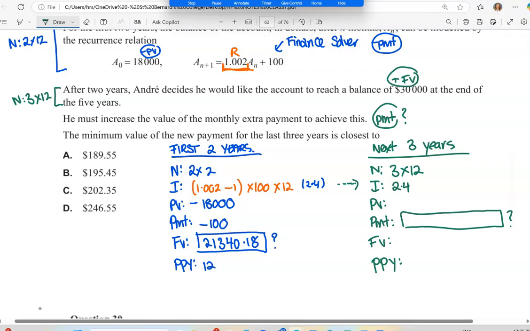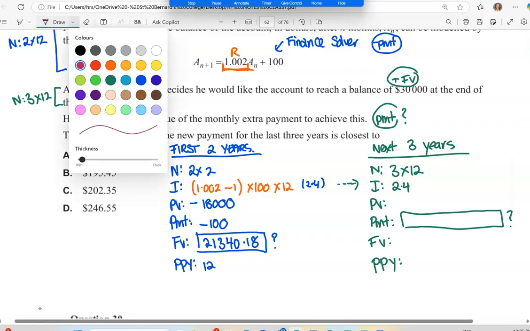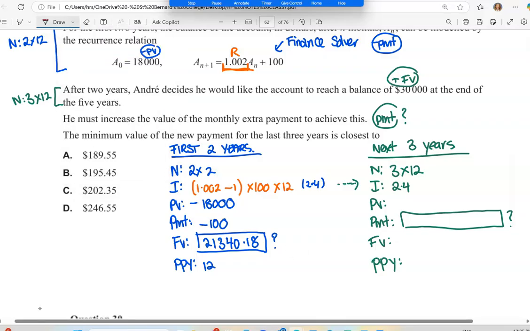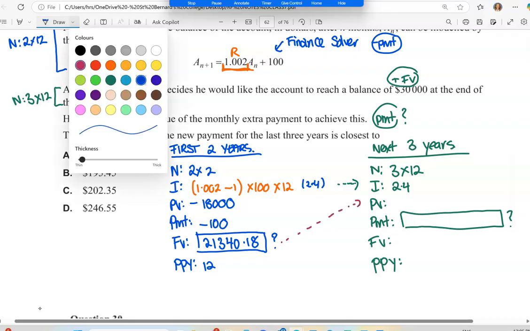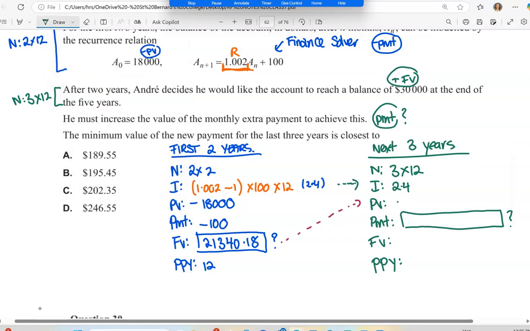Now, the new PV is going to be, because we're pretending we're starting again, like he's investing that amount he had. We need to be careful though, because when you invest money, it's a negative. So we're popping that same number in, and this is where I'm copying the rounded answer.